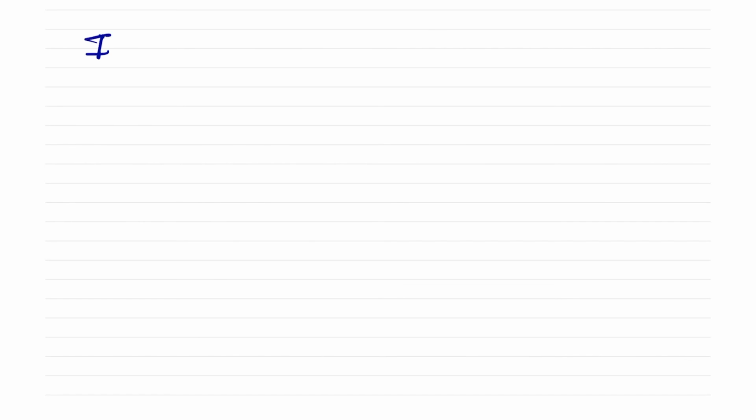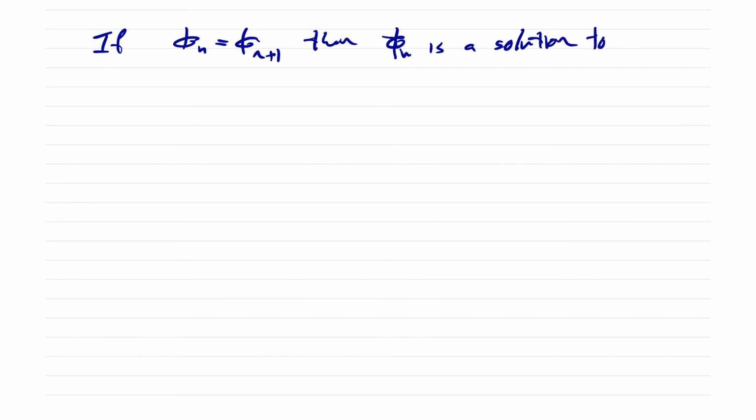So here's one thing that you should keep in mind. If you find that your phi of n is equal to phi of n plus 1, then that means that phi of n is a solution to the initial value problem.